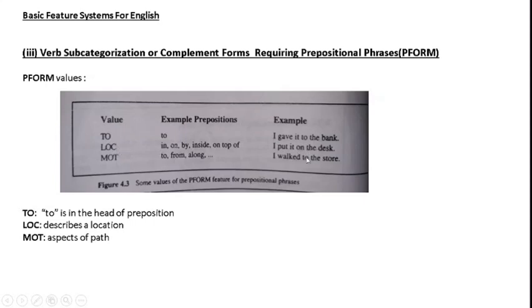Now see this case, I walked to the store. What does the preposition to represent? To represents an aspect of a path. I walked to the store is describing a path. So the P form feature of to is MOD, or it indicates a path. Again, this is taken from the textbook Natural Language Understanding by James Allen.